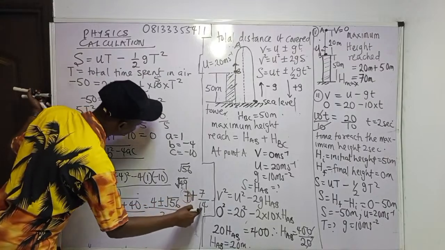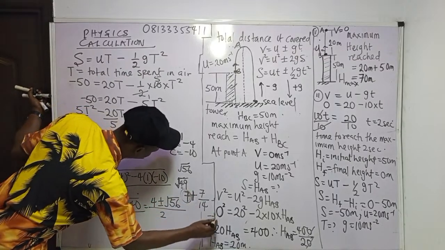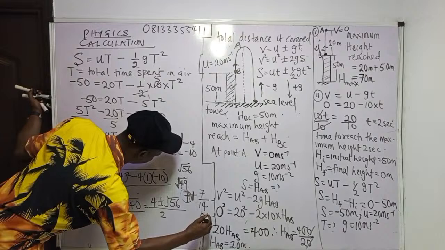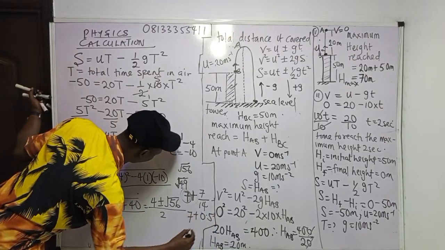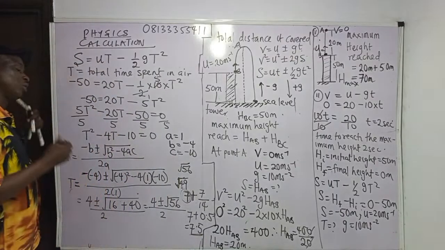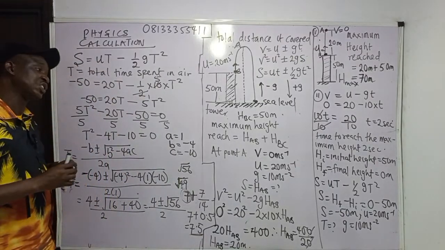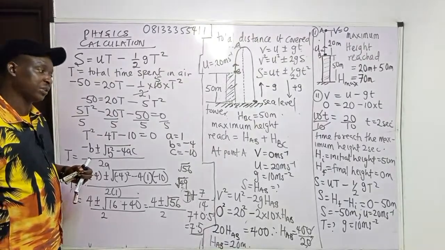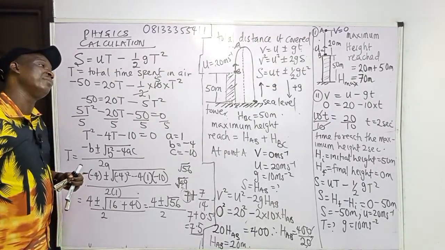So 7 divided by 14 is 0.5. So 7 plus 0.5 is 7.5. So the square root of 56 is equal to 7.5.